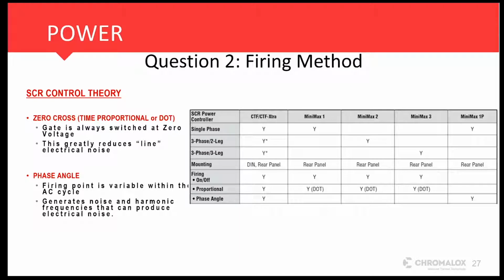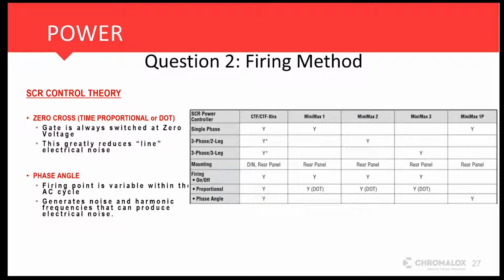And again, using that same chart for the SSRs, you can go through and look at exactly what's on there. As an explanation, the 0 cross covers the second to last row there of proportional. For simplicity's sake on this chart, proportional means time proportional. And if it's a dot fire, they'll just have it in the parentheses there.